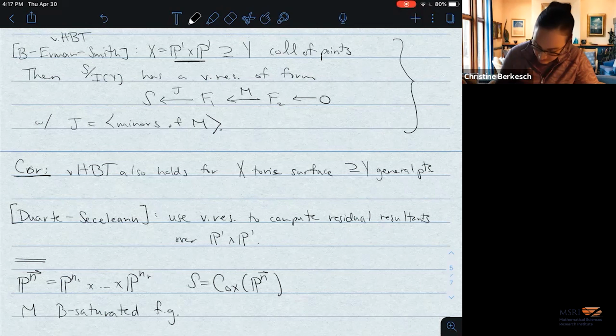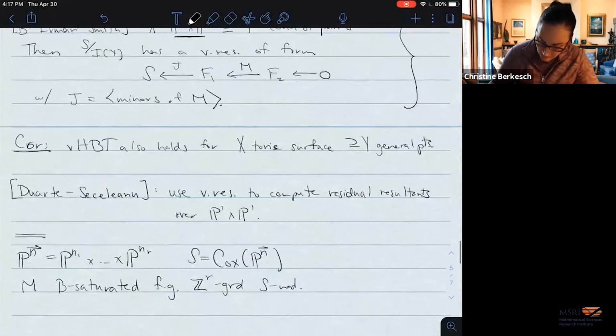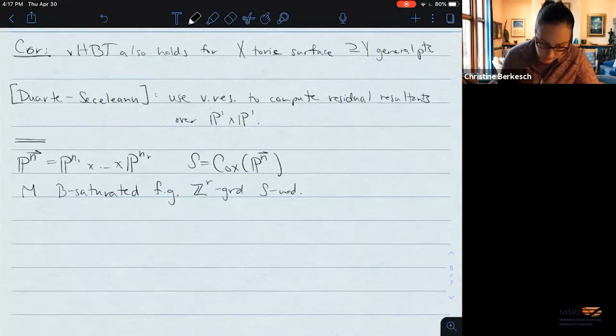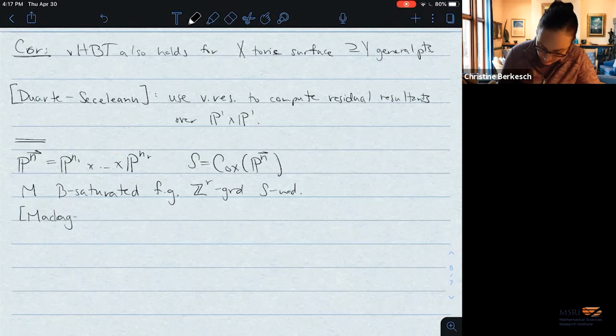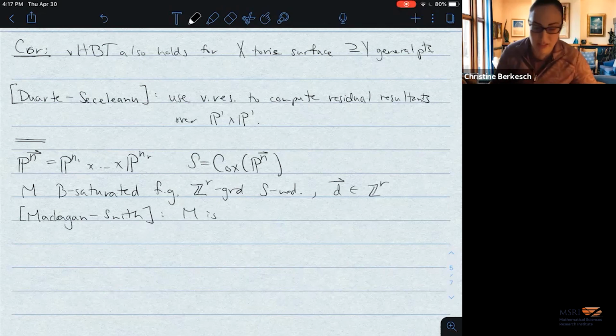So when M is B-saturated, finitely generated, Z to the r graded S-module, I'm going to take the definition that goes back to McLagan and Smith. This needs to be a vector in Z to the r.